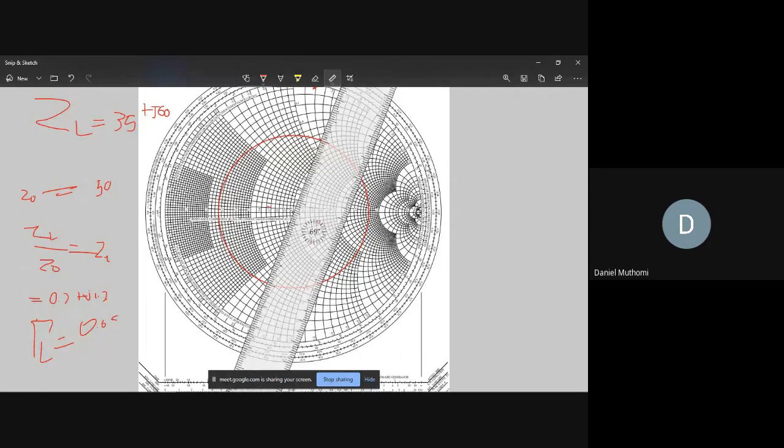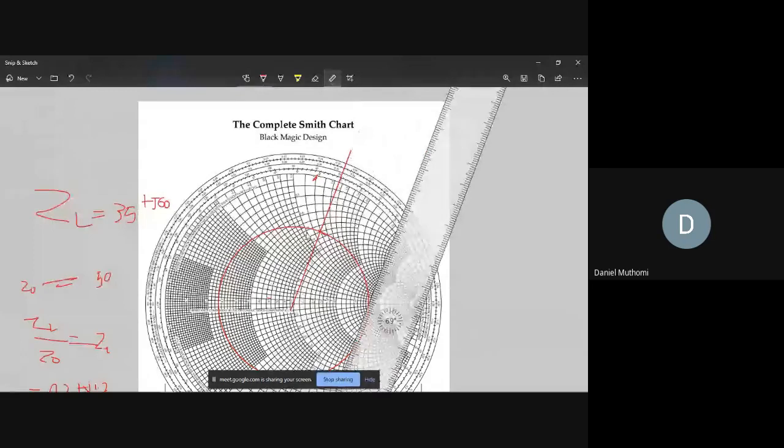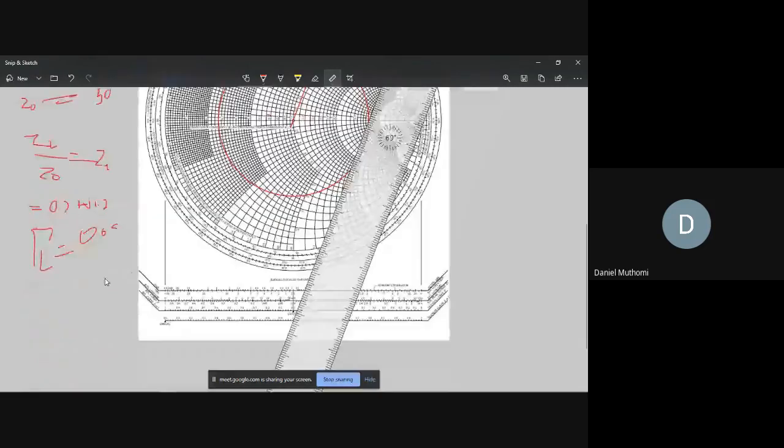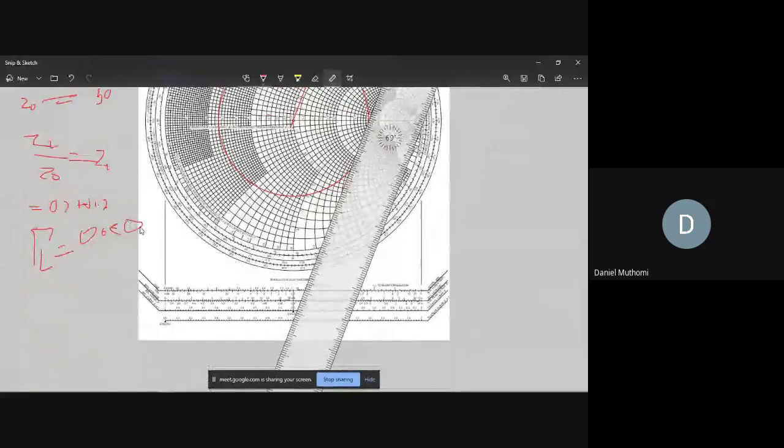The scales out here: the farthest outside is wavelength to the generator, the next one is wavelength to the load, and the next one is what you use for this, the angle of reflection coefficient in degrees. So that's your angle part here.